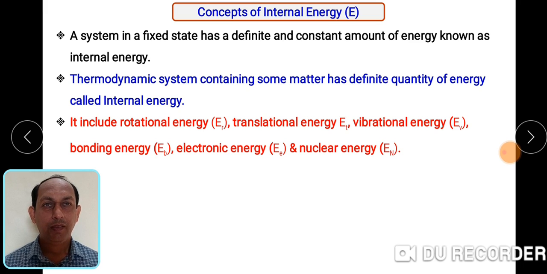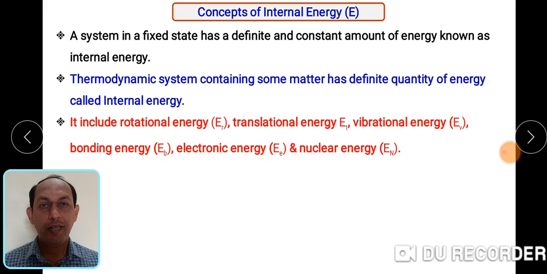So the thermodynamic system containing some matter has a definite quantity which is called internal energy. Remember, whatever matter is present inside the system, that is called internal energy. सिस्टम की खुद की जो एनर्जी रहती है उसको हम लोग क्या बोलते हैं, इंटरनल एनर्जी.